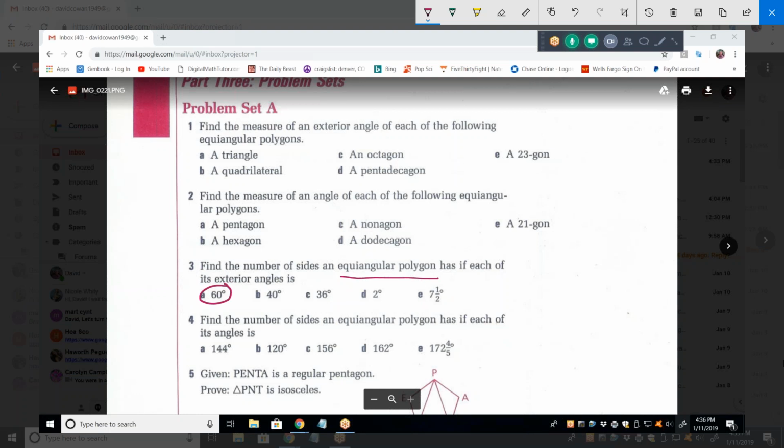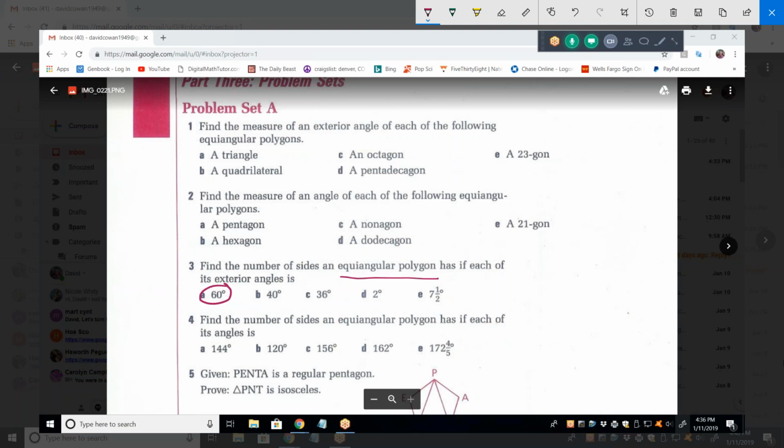So if each exterior angle is 60 degrees, what kind of polygon is it? The interior angles would be 120 degrees. Let's work more with the exterior angles, it's actually an easier problem. You know what the sum of the exterior angles is, right? 360.